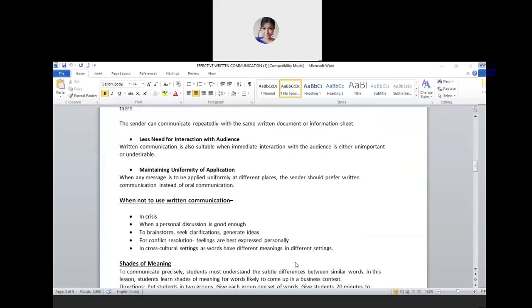You won't be able to discuss or produce any ideas or solve any kind of problems using the written mode. So when you want to generate ideas, when you want to produce ways of solving any kind of problem, a spontaneous group discussion, that means a brainstorming session, is very necessary.